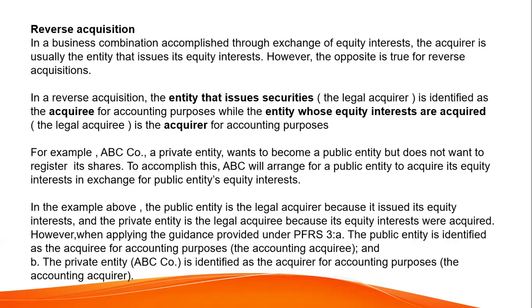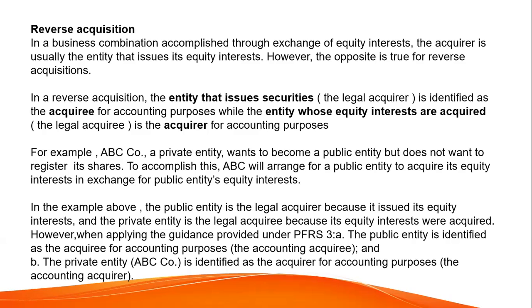In the example above, the public entity is the legal acquirer because it issued its equity interest, and the private entity is the legal acquiree because its equity interests were acquired.